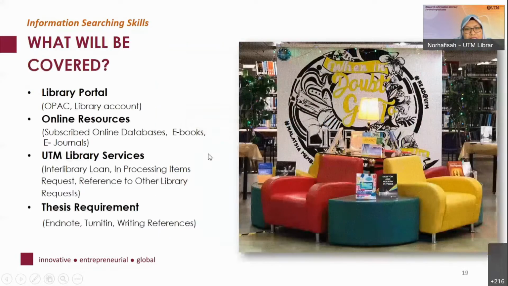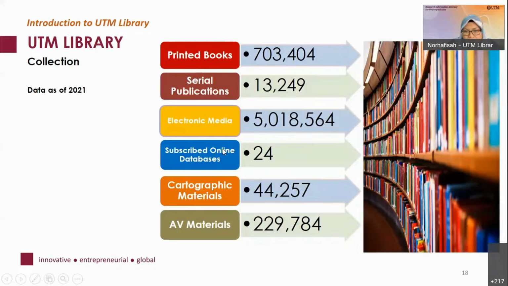We also have subscribed online databases, and cartographic material, which is like maps and so on. The last one is audiovisual material. All the collection you can borrow and search from our library.